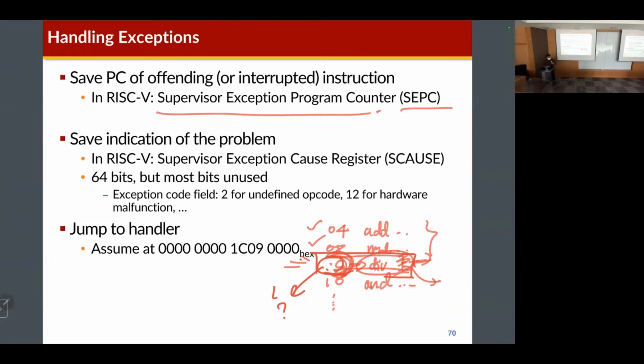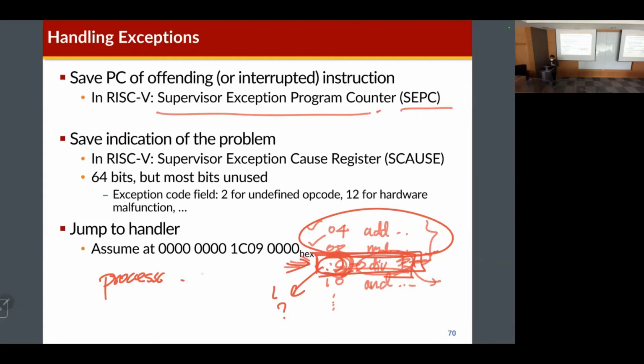So the processor needs to complete the execution of the instructions before the abnormal instruction, the one that causes the exception. Then the exception happens at this instruction.